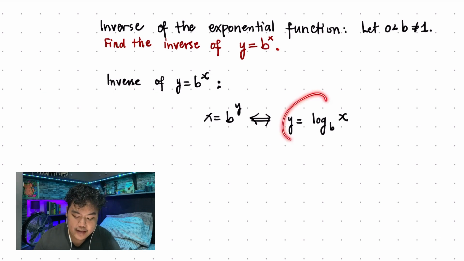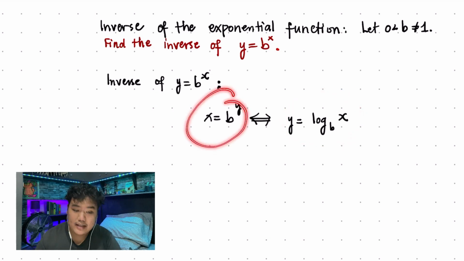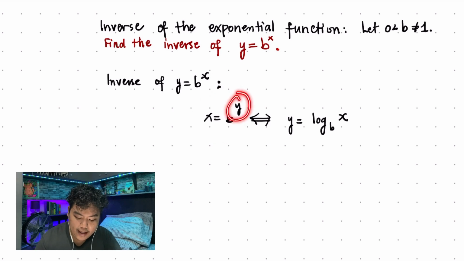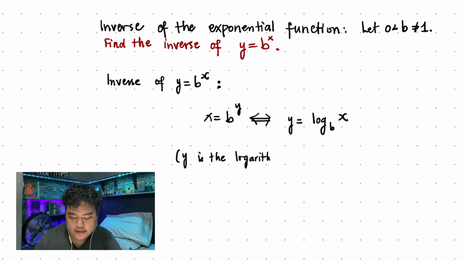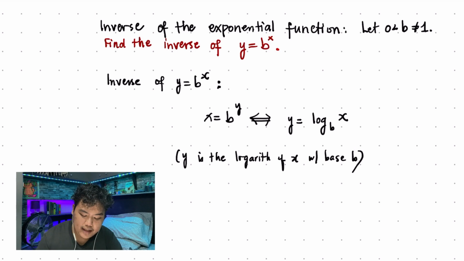And whenever you see this or this, it means y is the logarithm of x base b. Okay? So, y is the logarithm of x with base b. Okay? So, pag nakita nyo to, ang ibig sabihin niyan is b raised to y equal to x.